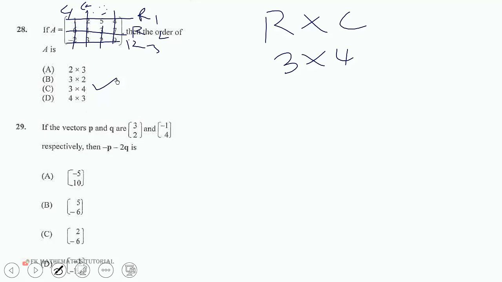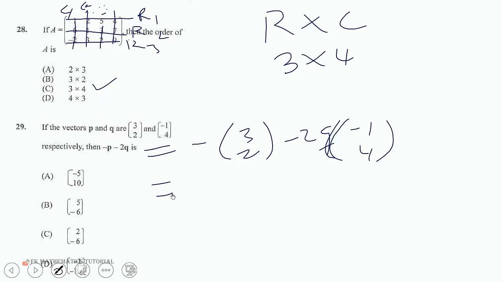If the vectors P and Q are 3, 2 and negative 1, 4 respectively, then negative P minus 2Q will be equal to, so negative P is negative 3, negative 2. Then we have minus 2Q, so the Q is negative 1, 4.